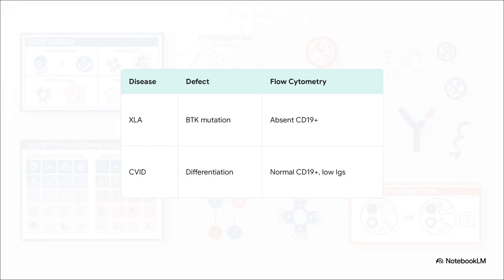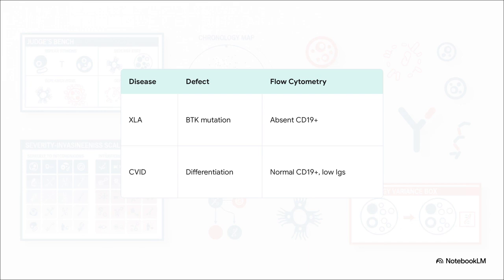Let's put this into practice on the judge's bench, comparing X-linked agammaglobulinemia, or XLA, against common variable immunodeficiency, CVID, head-to-head. When we break down the molecular defect, in XLA we're dealing with a mutated Bruton tyrosine kinase, or BTK gene. That mutation results in a complete arrest of B-cell maturation. CVID, on the other hand, is a defect in B-cell differentiation and co-stimulation.